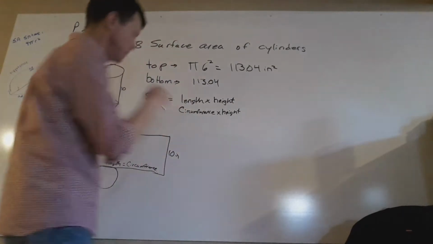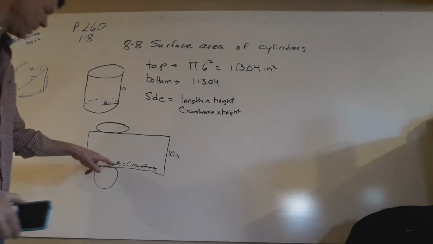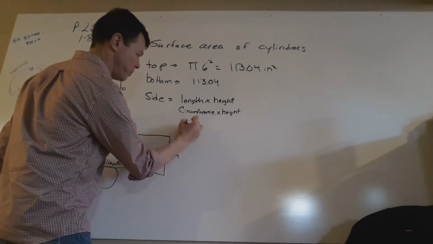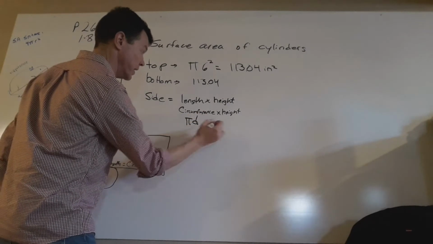I just substituted circumference for length because they are going to be the same thing. Circumference is another formula that includes pi: circumference equals pi times diameter.